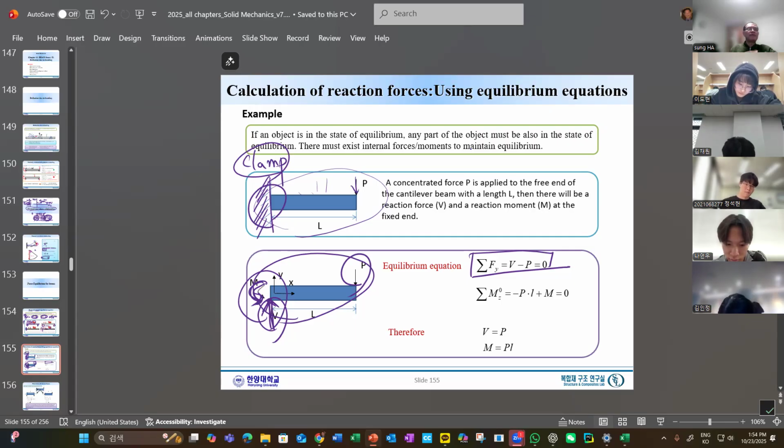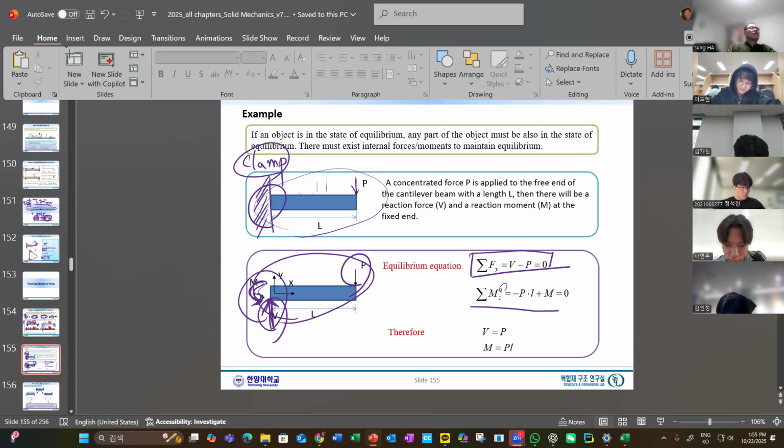For moment equilibrium, we always need to consider moment with respect to a certain point. So say here we consider a moment at 0. For the moment equilibrium, we can consider any point.